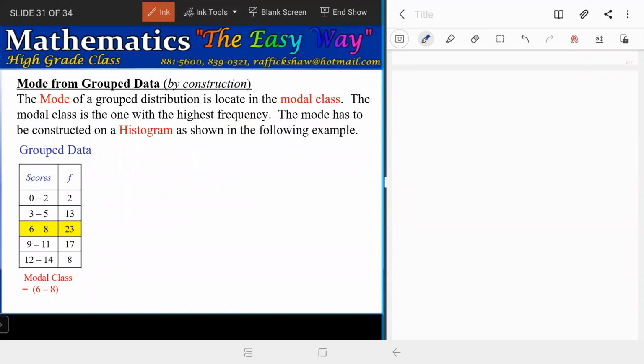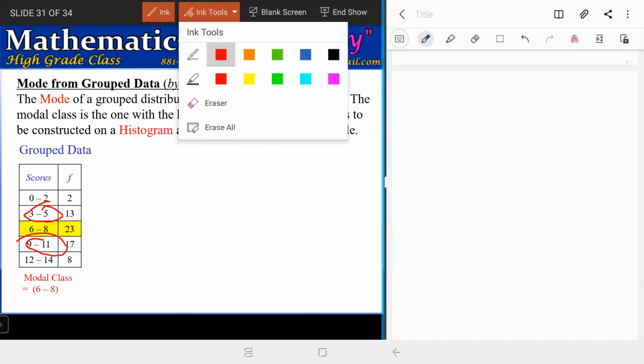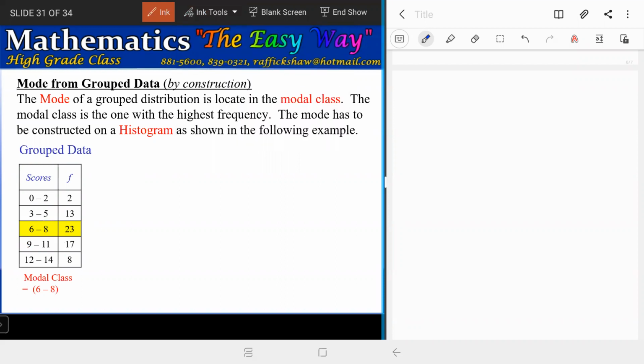The mode is a value between 6 and 8. Will it be closer to the 6, in that it is closer to this group, or will it be closer to the 8, in that it is closer to this group? Which group will it be closer to? The value, the mode. Closer to the 6 or closer to the 8? Anybody can tell me?